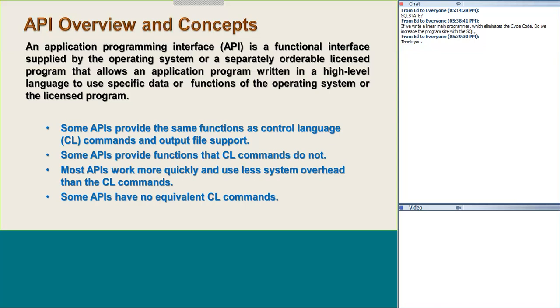And it was this movement, this growth in APIs, that took me completely away from CL as a programming language. I didn't need to use CL to do some of the stuff anymore because I could do it with APIs.